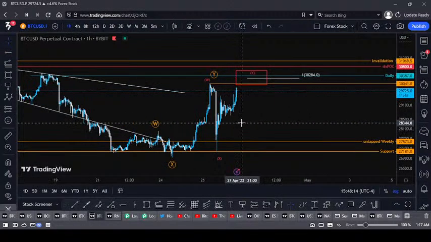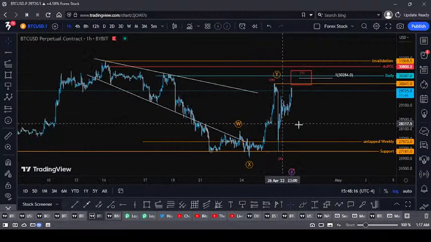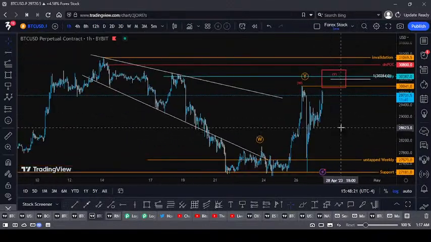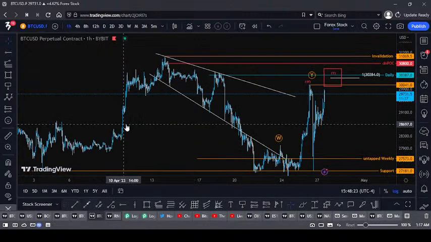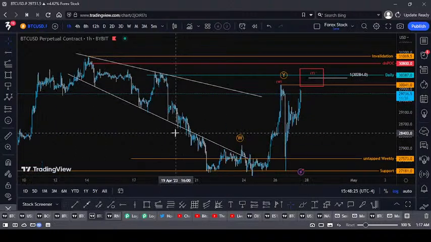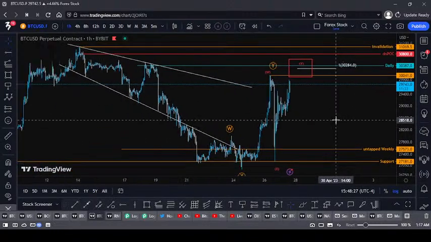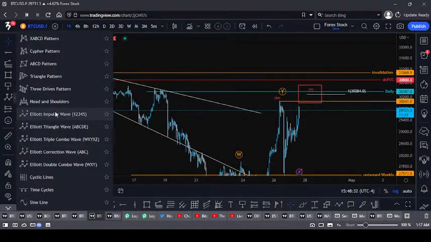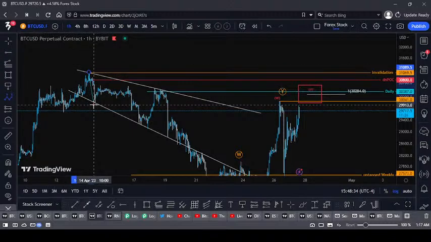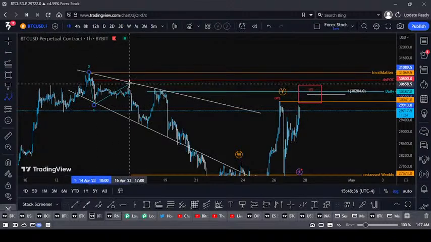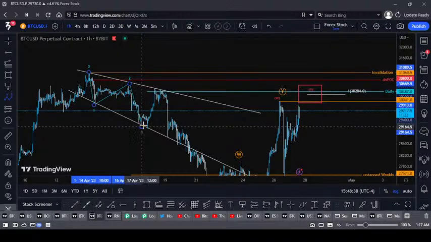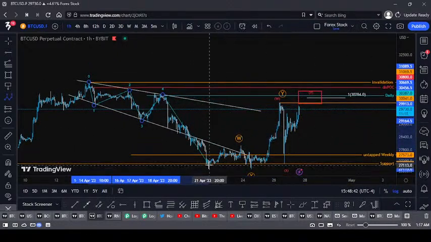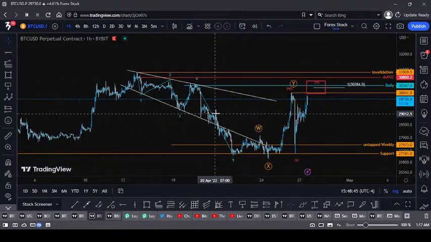Yeah, so let's get back to the charts. Previously we did the counts on the leading diagonal, the broadening diagonal, which consists of these counts one, two, three, four, and the five is always overextended in the diagonals.